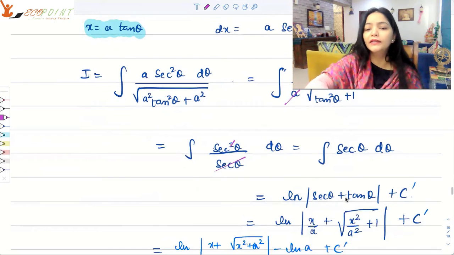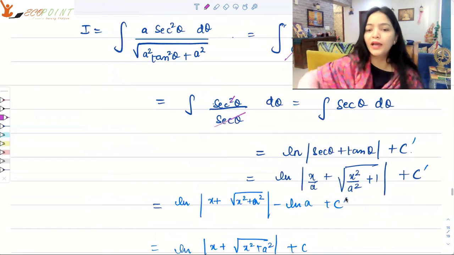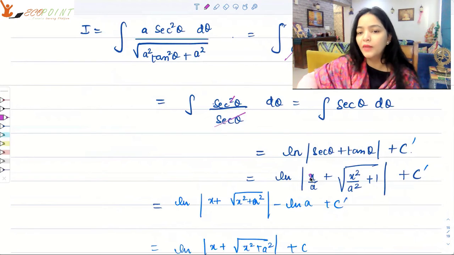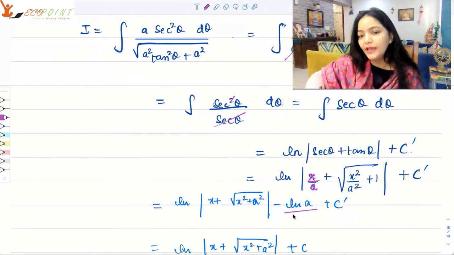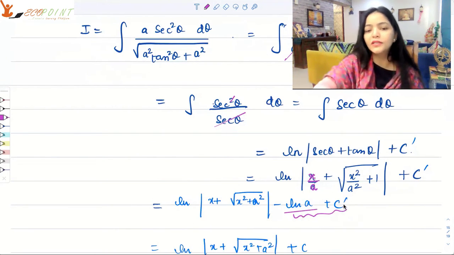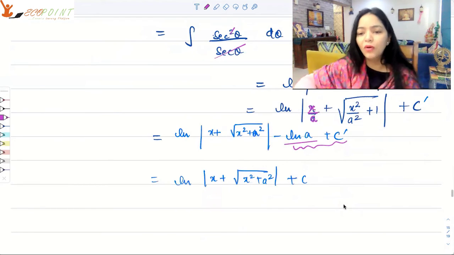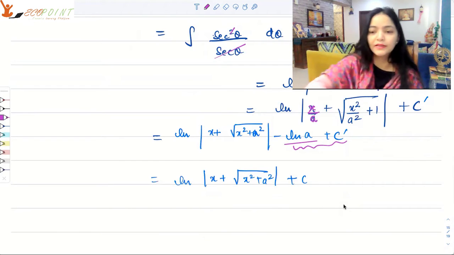Now you can substitute the value back. So it will be log of x by a plus square root of x square upon a square plus 1. Exactly the same substitution is there. So hence you can take the LCM and this goes as minus log a, and you can combine it with the constant. So your answer is log mod x plus square root of x square plus a square plus c.